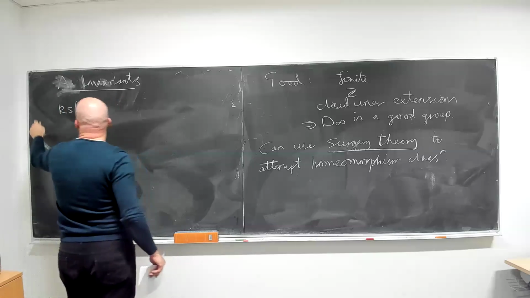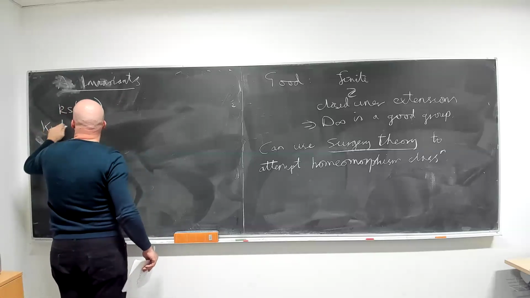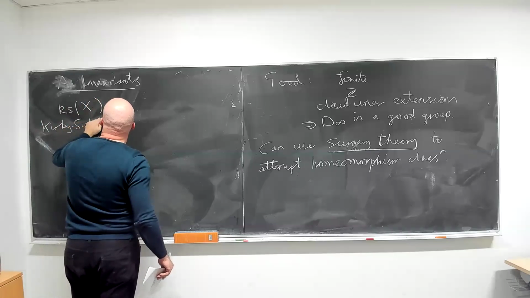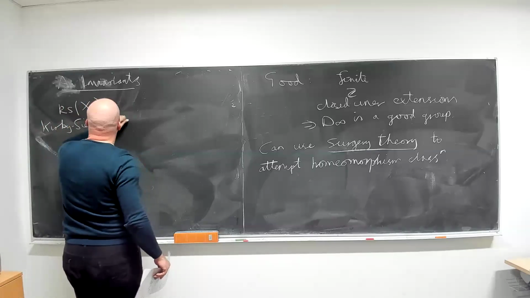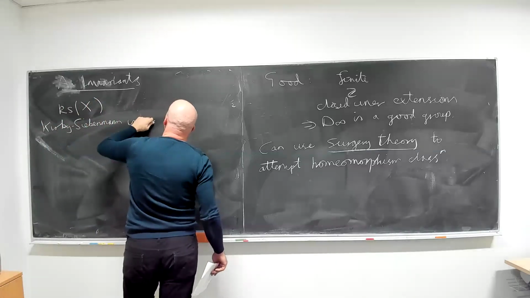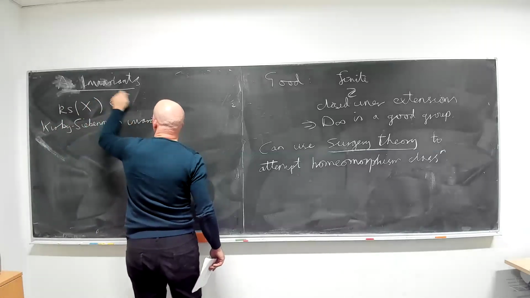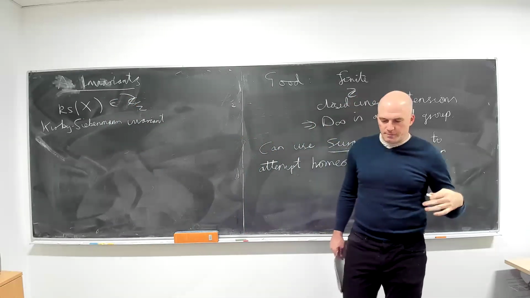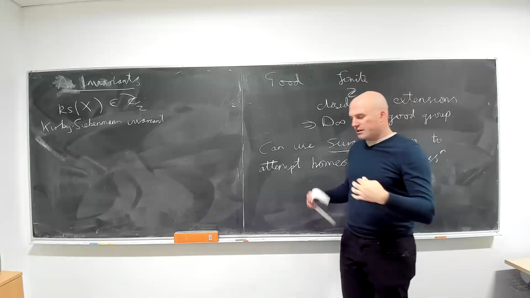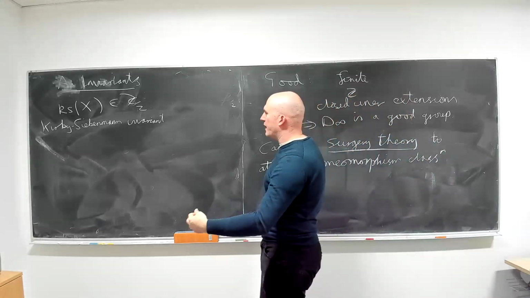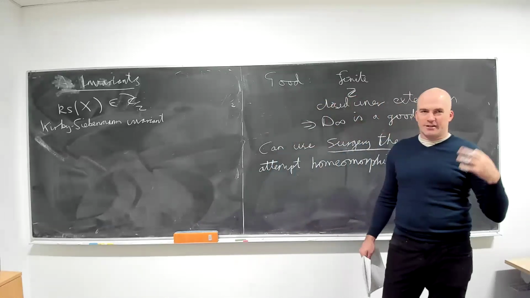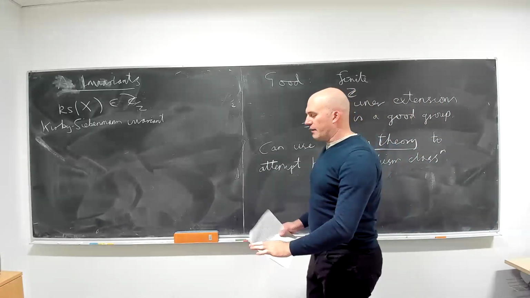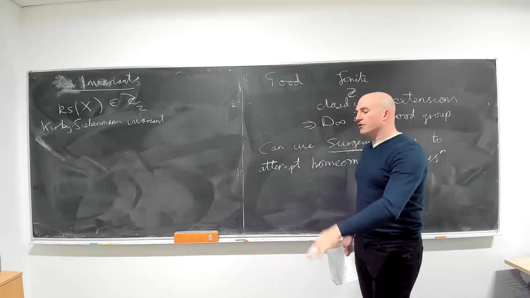Kirby-Siebenmann invariant, which is Z2 valued, and this is an obstruction for the tangent bundle, or the topological tangent bundle. Every topological manifold has a topological tangent microbundle, and we want to know whether the bundle can be smoothed.